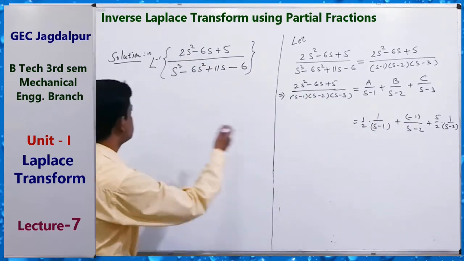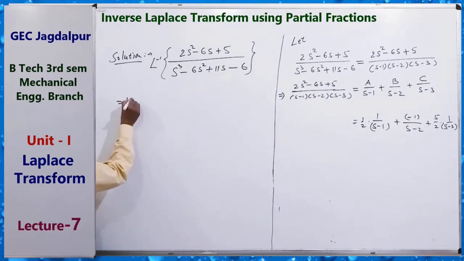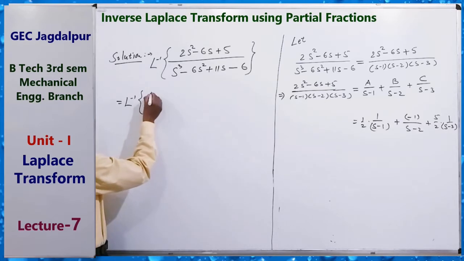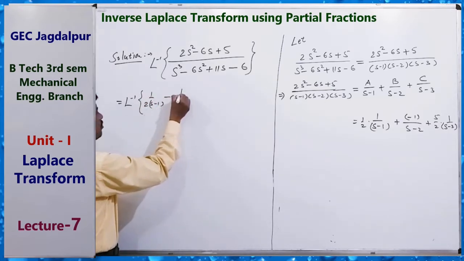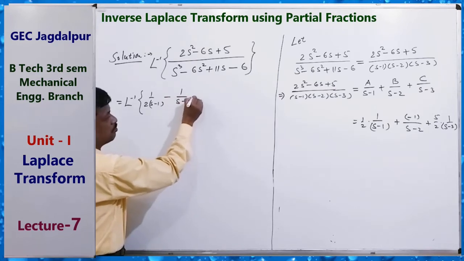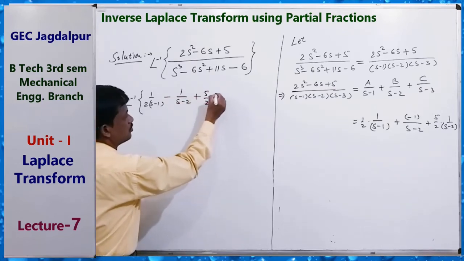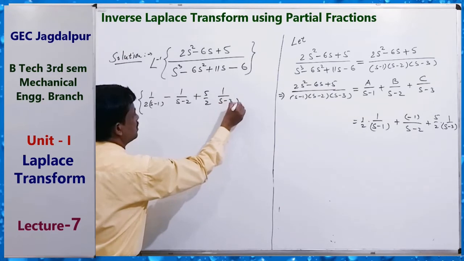So using this, L inverse of 1 by 2 into 1 upon s minus 1, minus 1 upon s minus 2, plus 5 by 2 into 1 upon s minus 3.